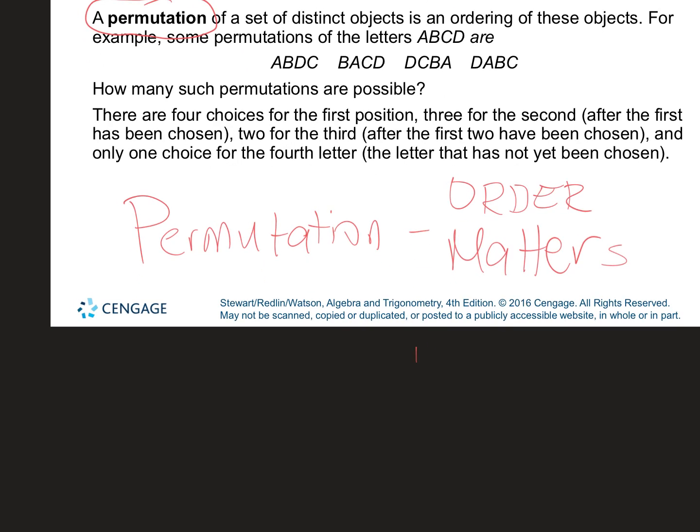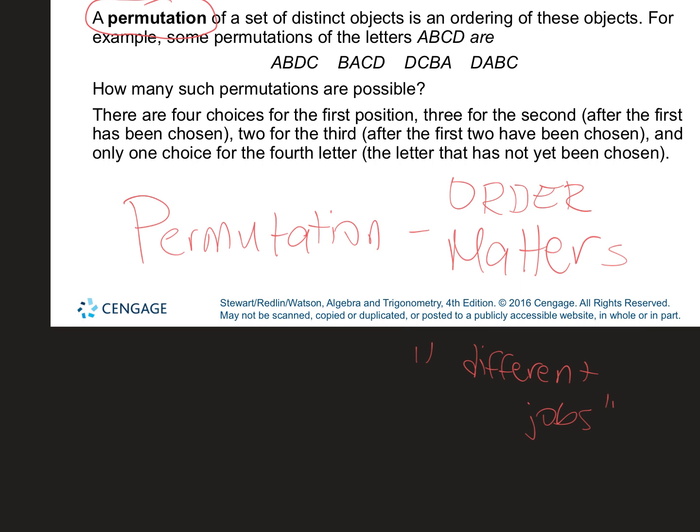Another way I think about this is different jobs, okay? Not just the word different, but everyone is doing a different job. Now, listen to what I mean by this. If you are running in a race, does order matter?